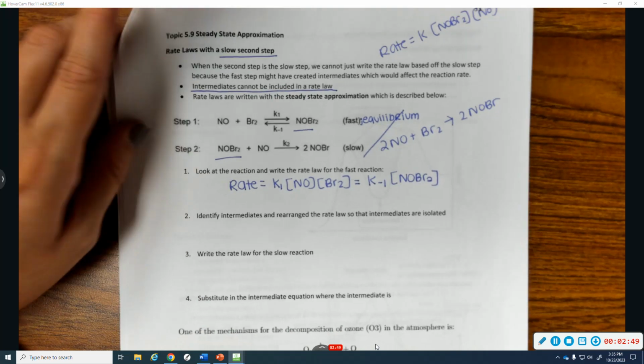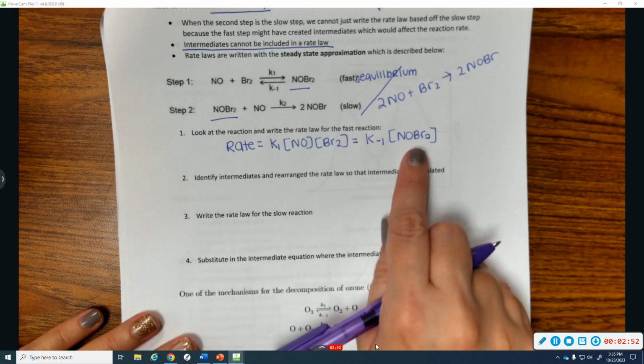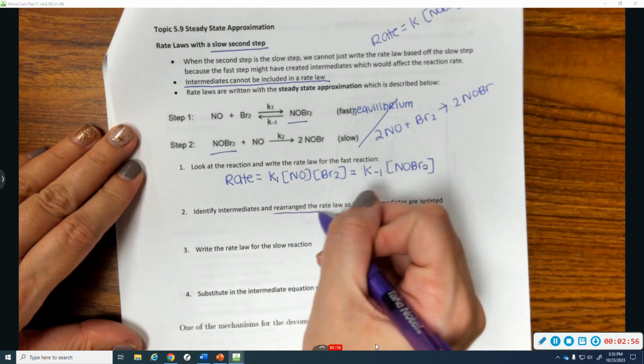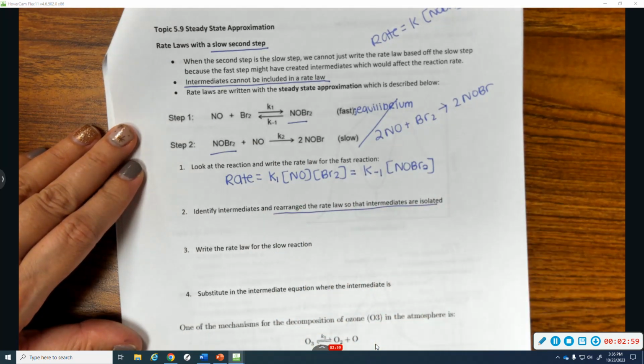Step two, we identify intermediates, which we already did. NO(Br2) is our intermediate, and we rearrange the rate law so the intermediate is isolated.